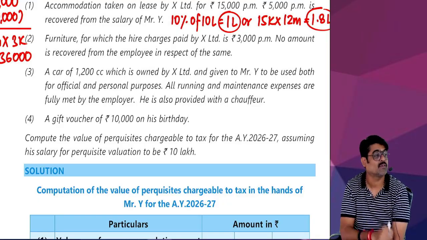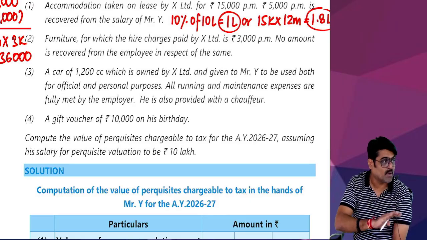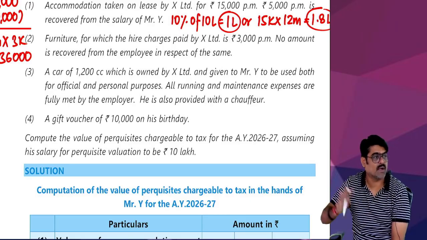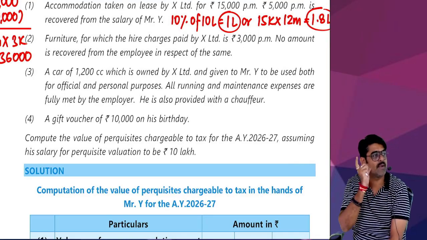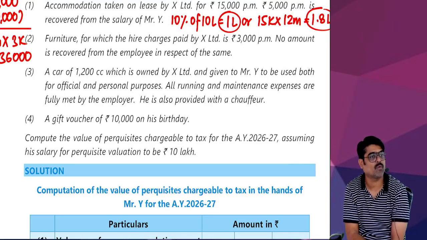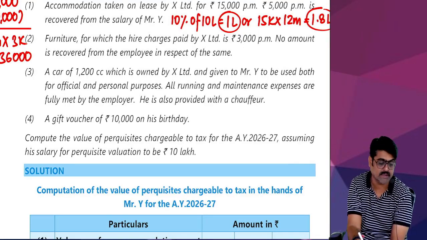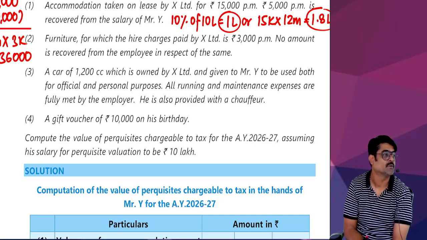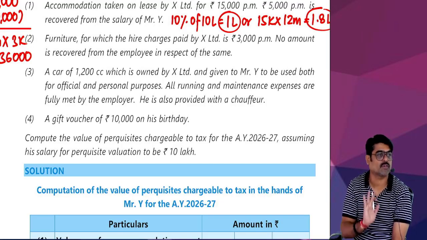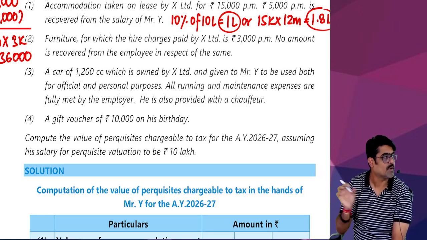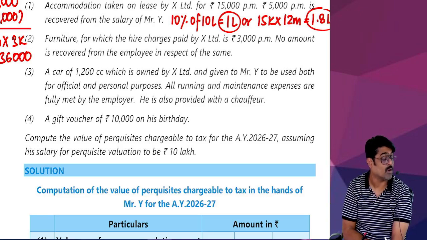But in this case, the car is used partly official, partly personal. Forget about these two benefits, a flat amount will be taxable. That flat amount will be 1,800 per month because the engine capacity of the car is 1600 cc or less. Any amount recovered for this car will be ignored because that flat amount will be taxable.